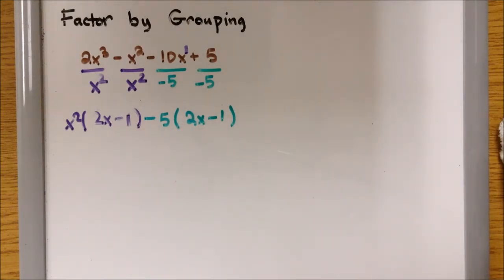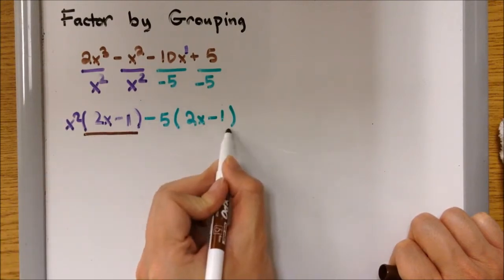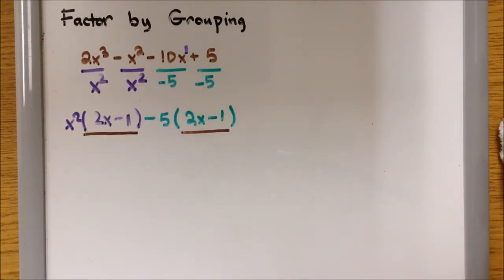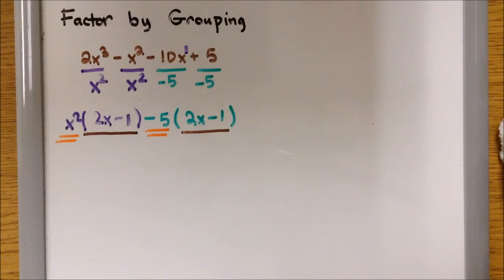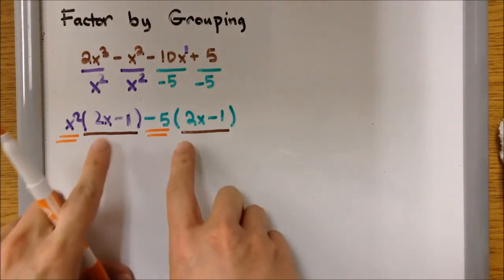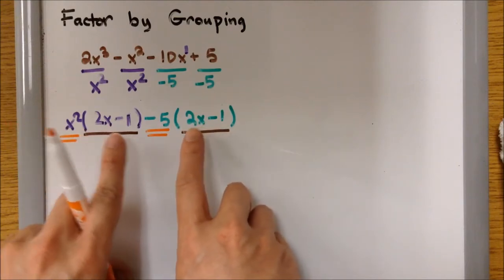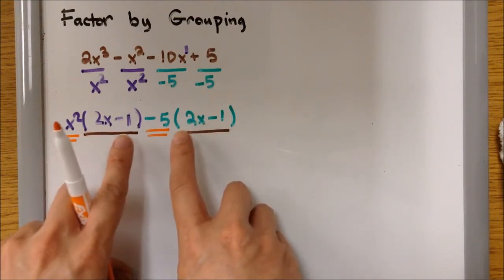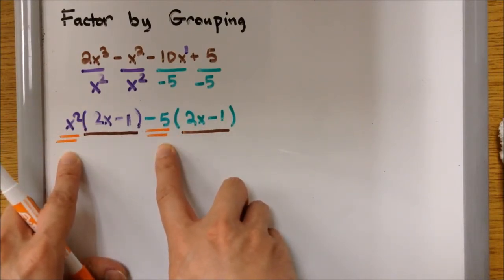Now, if you take a closer look, you see how inside the parentheses, it's 2x minus 1. That means they're the same. If they are the same, that means you can actually group the ones that are outside the parentheses together. So when you have two sets of parentheses, if the terms are exactly the same, and keyword exactly the same, that means we can group the terms that are outside the parentheses together.